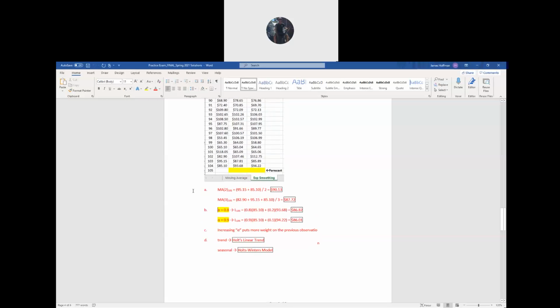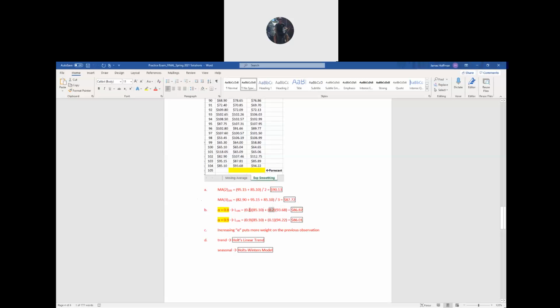So your week 105 sales forecast using an alpha equals 0.8 is alpha 0.8 times the last observation, which is week 104, so 85.10. And then plus 1 minus alpha. So if alpha is 0.8, the 1 minus alpha has to be 0.2.